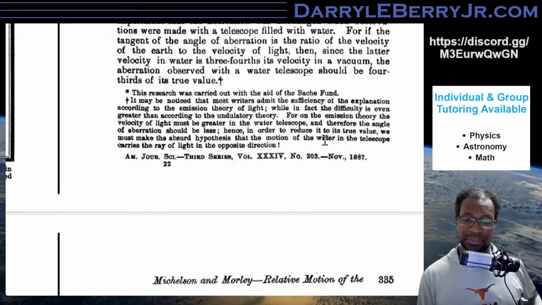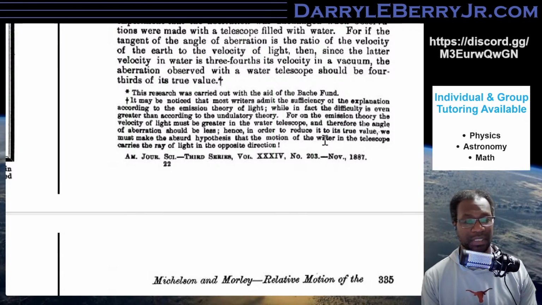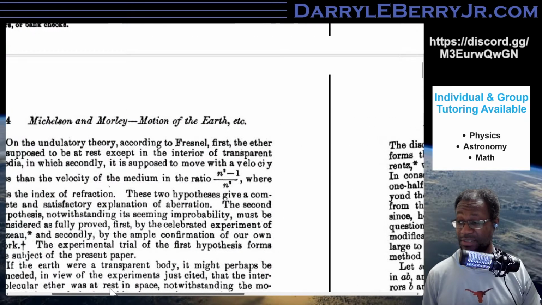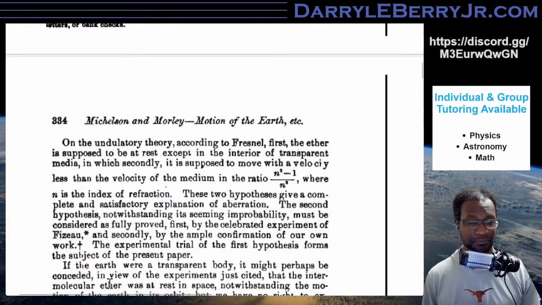Hence, in order to reduce it to its true value, we must make the absurd hypothesis that the motion of the water in the telescope carries the ray of light in the opposite direction." Now, I'm not actually clear why the velocity of light would be greater in the water telescope. So I'm not sure what they mean by that, but it seems like an interesting aside that they took the time to put it there.